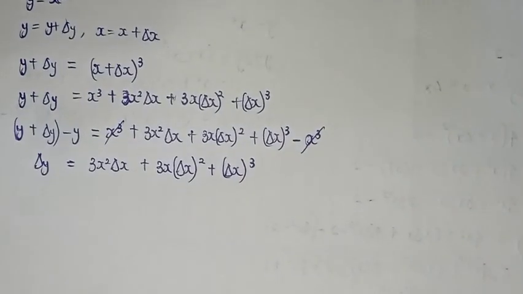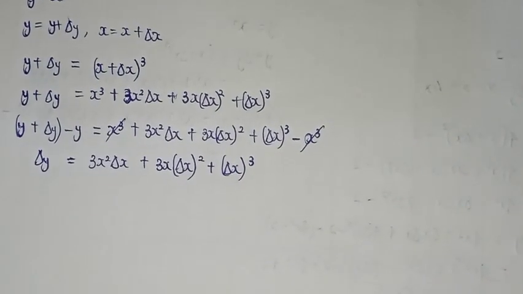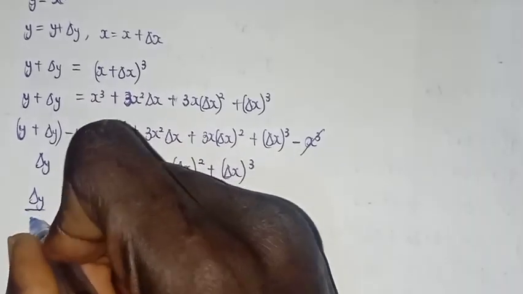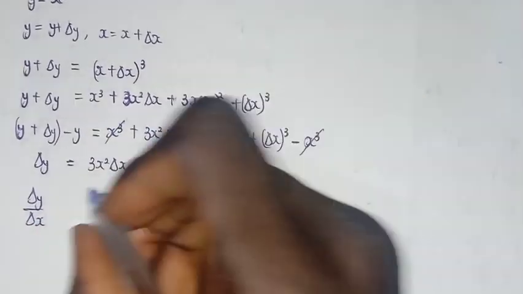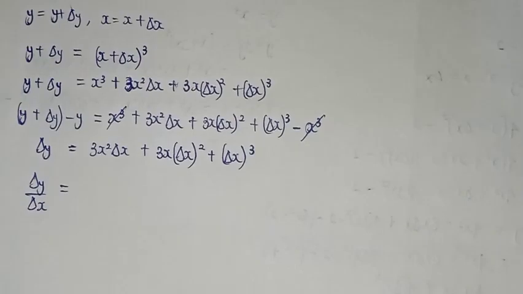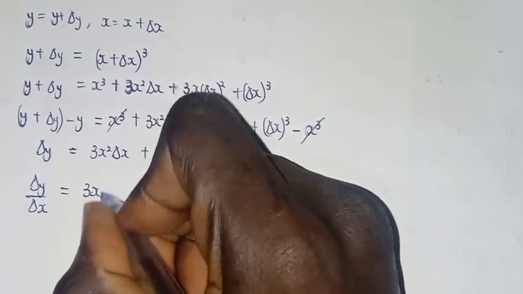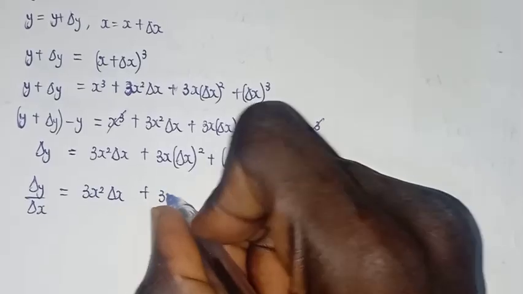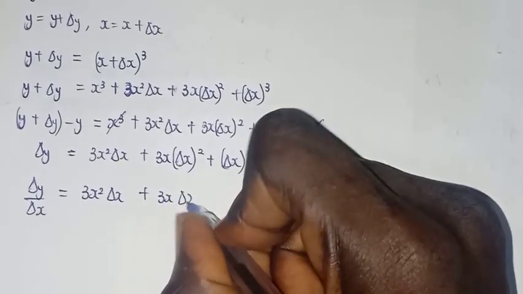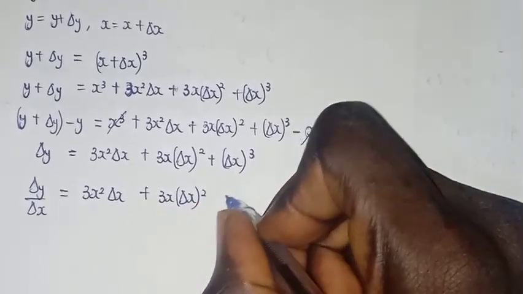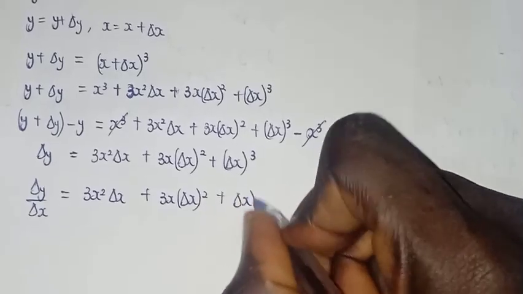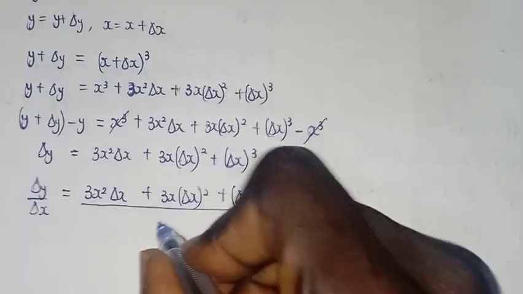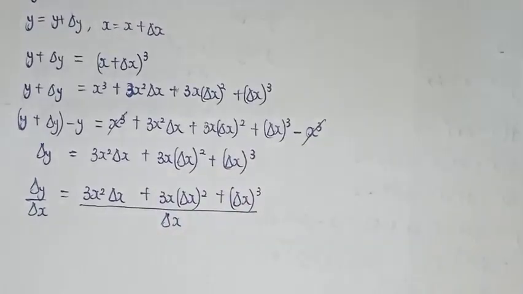and then we divide both sides by delta x, so it becomes delta y all over delta x equal to 3x squared delta x plus 3x delta x all squared plus delta x raised to the power of 3 all over delta x.